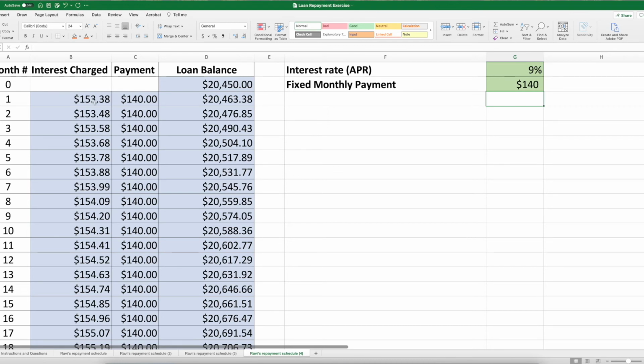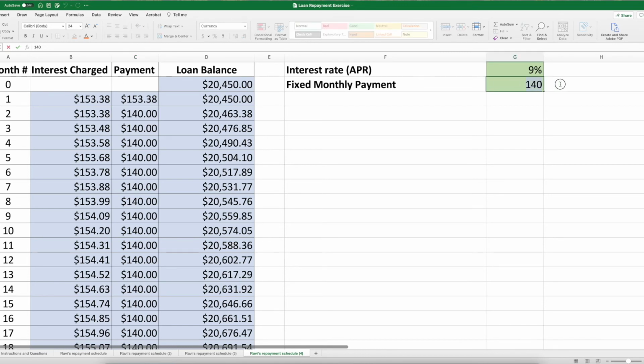So in the first month, as long as he makes a payment that is equal to his interest charge, his loan balance won't go up. You can see that the loan balance is not going to change between month 0 and the first month.